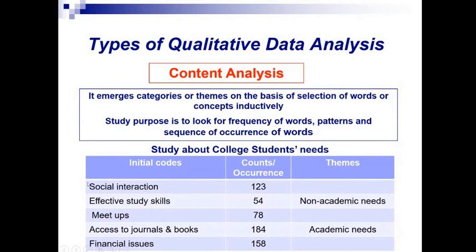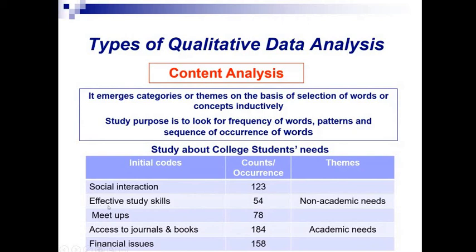So say, for example, for social interaction, 123 here means that there are 123 participants who mentioned that social interaction is considered a need for college students. Same thing with the 54 here. It means that there are 54 students who mentioned that effective study skills is considered a need for college students.